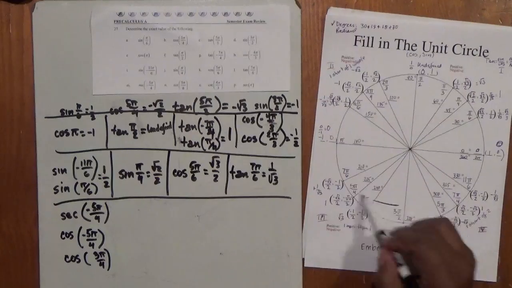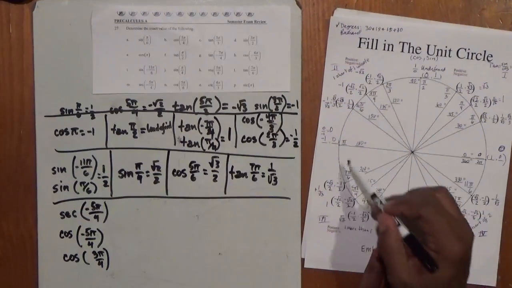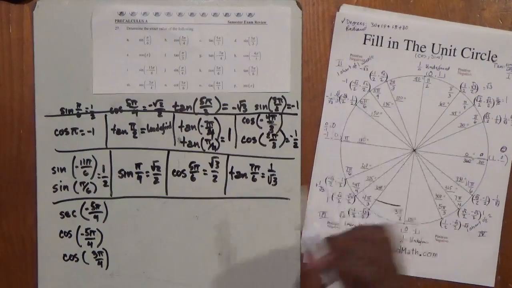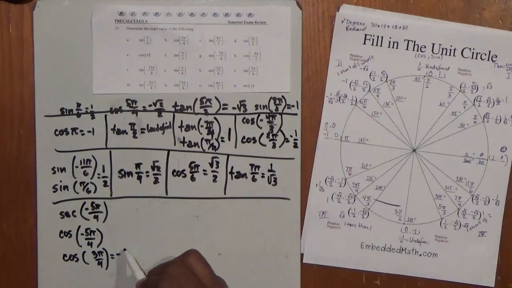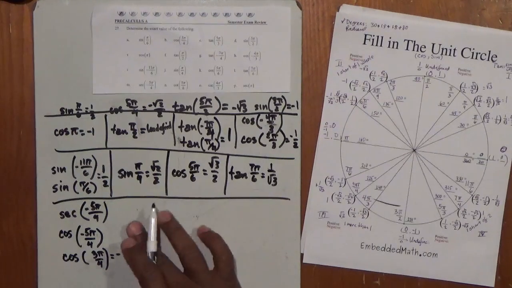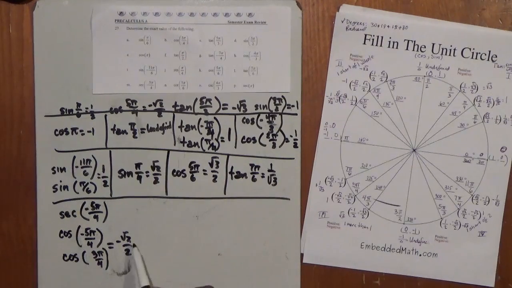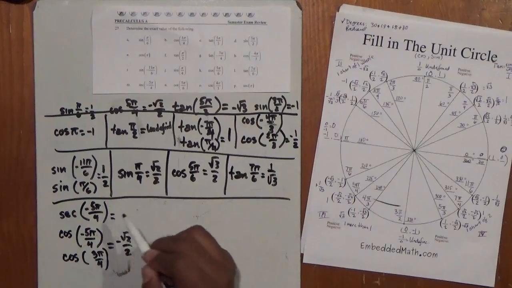And cosine 3 pi over 4 is equal to a negative √2 over 2, which means that secant is the reciprocal of that.